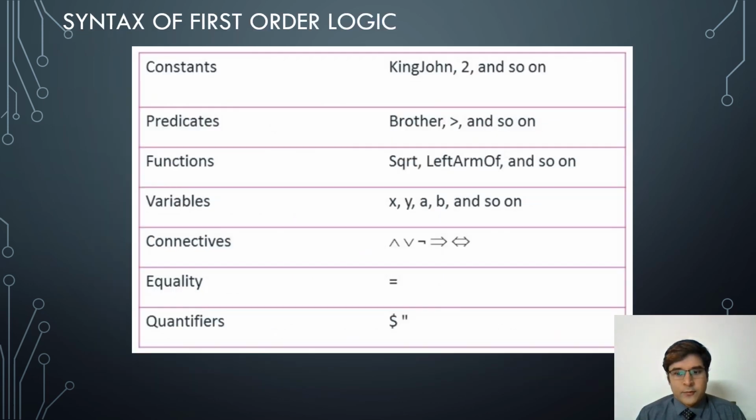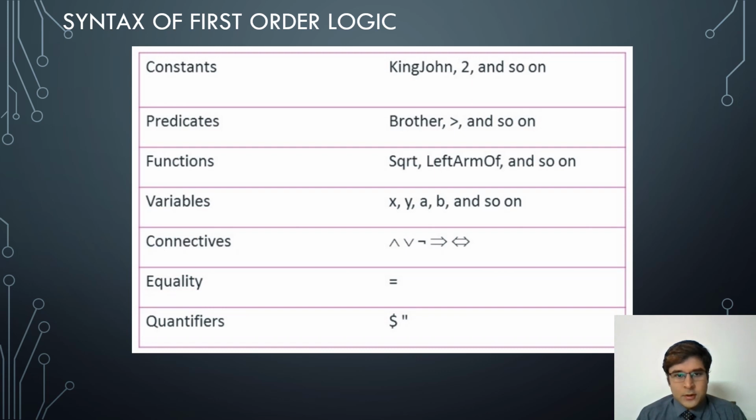Next, we see the syntax of first order logic. First order logic can contain constants, which can be either strings or integers and so on, for example, King John, the number 2, and so on. It can also contain predicates. Predicates are forms of statements which can infer a relation between two variables, for example, brother, greater than, and so on.